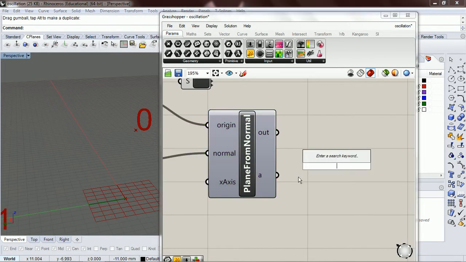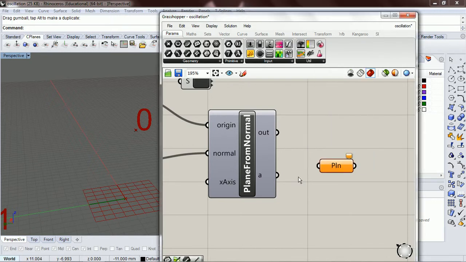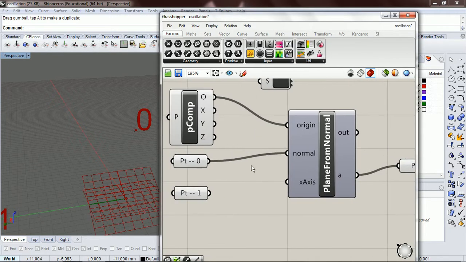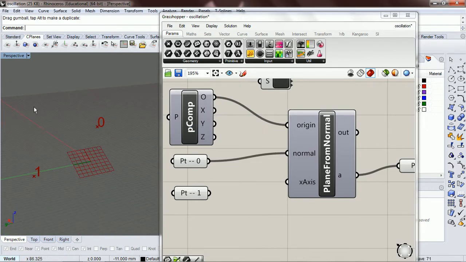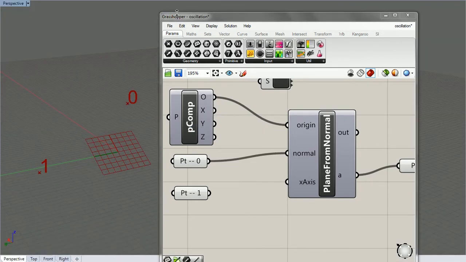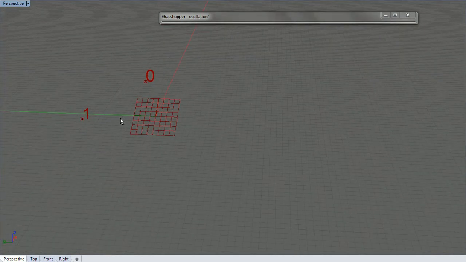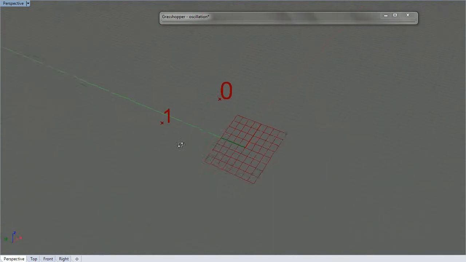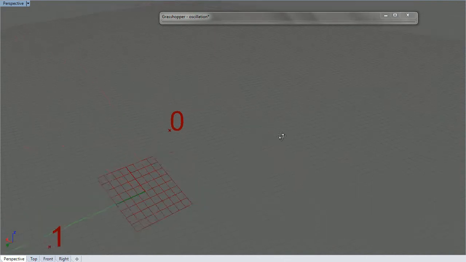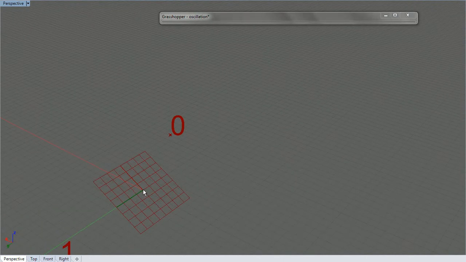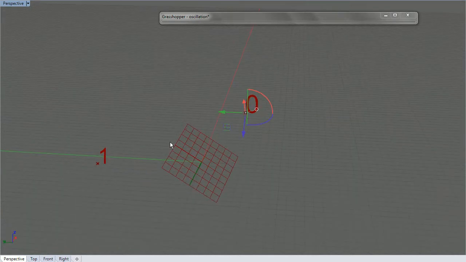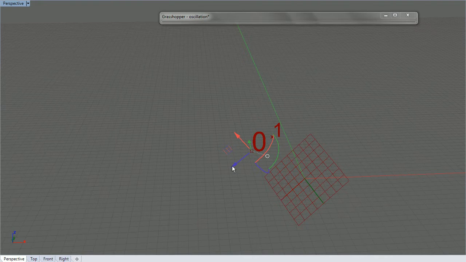Okay, let's get plane over here, and let's close that out. Okay, so you can see that we're creating a plane and it's pointed from the world origin to our vector 0, and so it's working just fine.